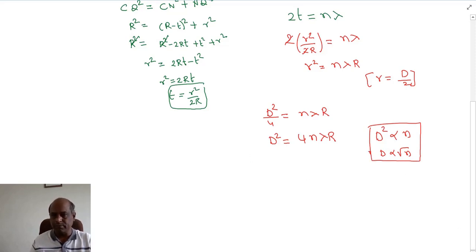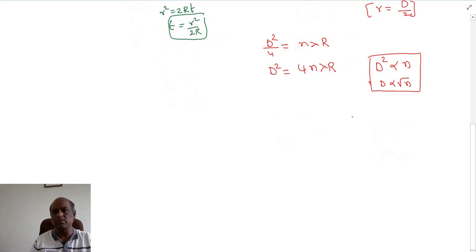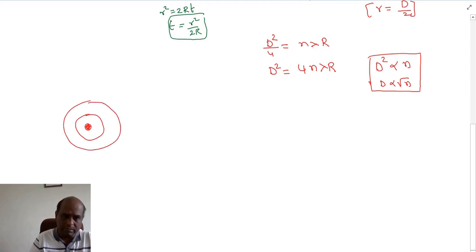Now our main aim of this discussion is to find out the radius of curvature. So let us assume this is the center spot of the Newton's rings. So these are the rings, Newton's rings. Let me call this the nth ring, and this is the n plus p th ring.